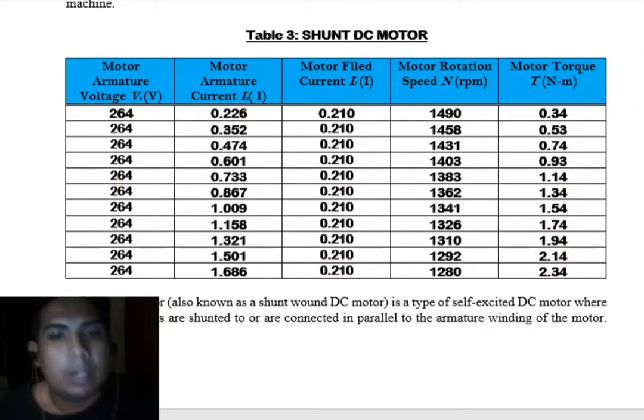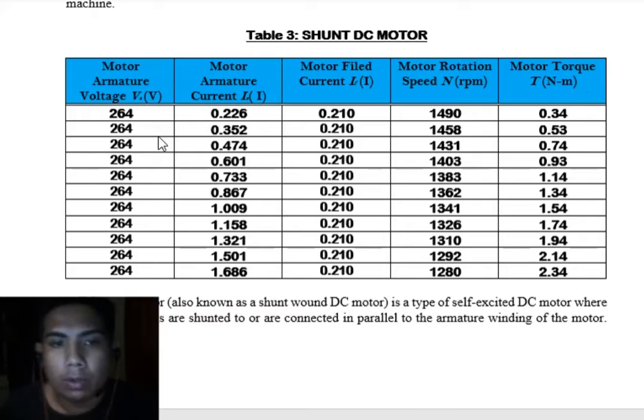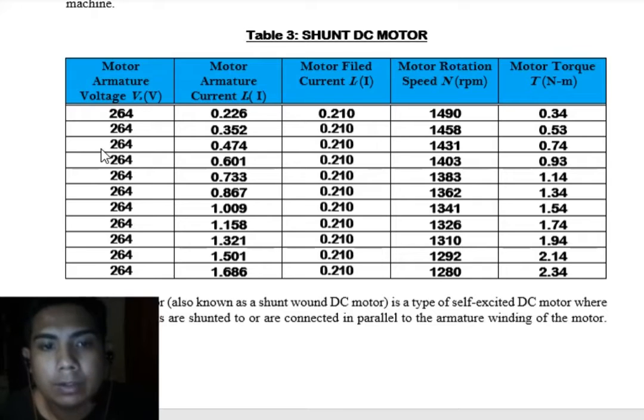For table 3, which is the shunt DC motor, we can see the motor armature voltage, motor armature current, motor field current, motor rotation speed in RPM, and motor torque. The motor armature voltage is equivalent, with the value 264.